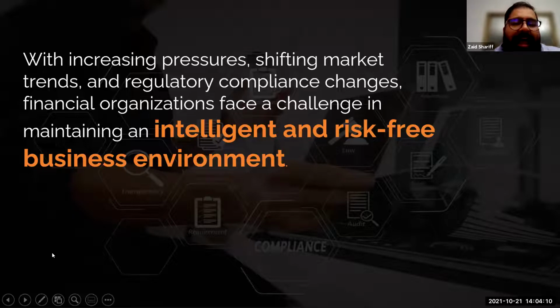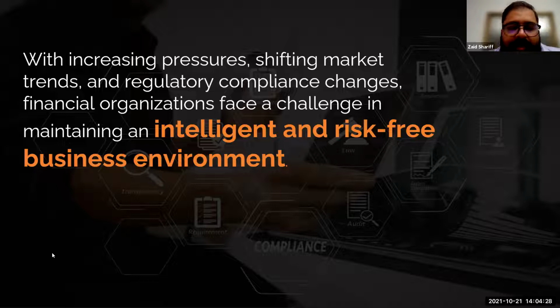We have a tagline to start off with to help get you in the mood of what we're going to be talking about today. With increasing pressures and shifting market trends and regulatory compliance changes, financial organizations face a challenge in maintaining an intelligent and risk-free business environment.